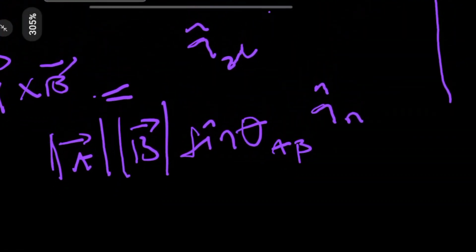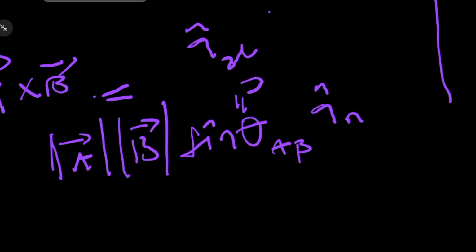So we can see here that if theta is equal to 0, that is if they are parallel, that is if theta is equal to 0. What I mean by parallel vectors is that the angle is 0, right?